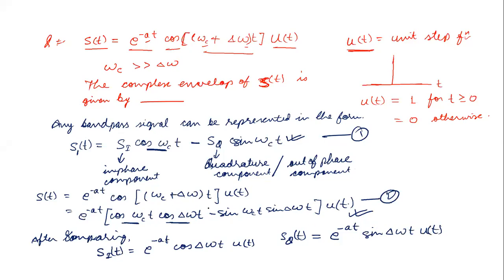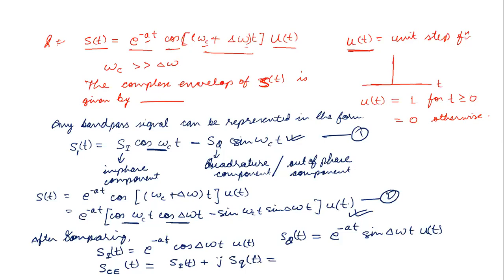Now the complex envelope. So if this is the case, then the complex envelope S tilde of t is given by S of it plus j S of qt.